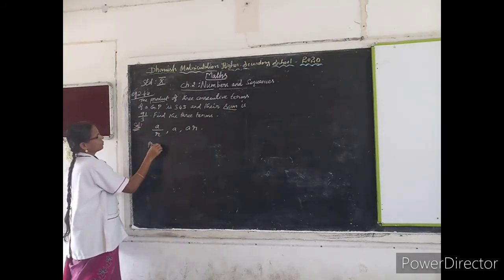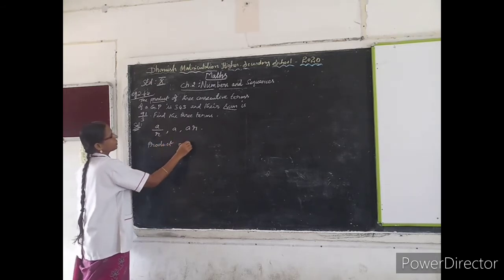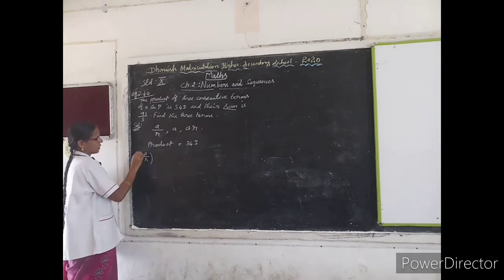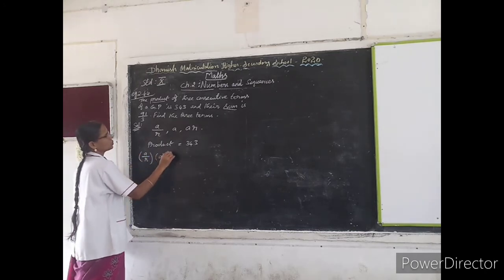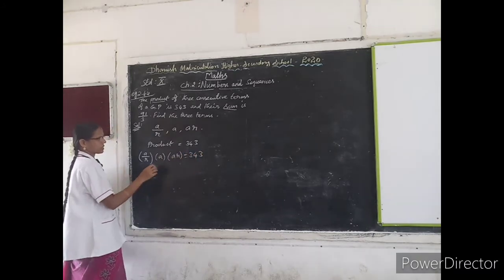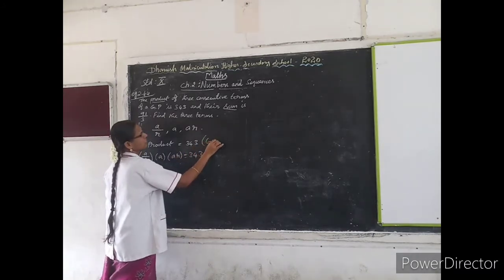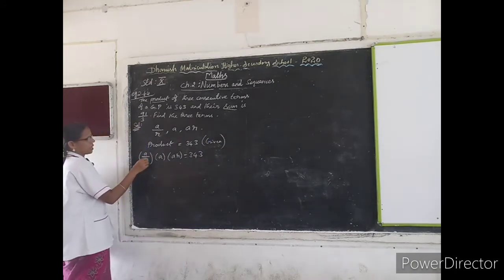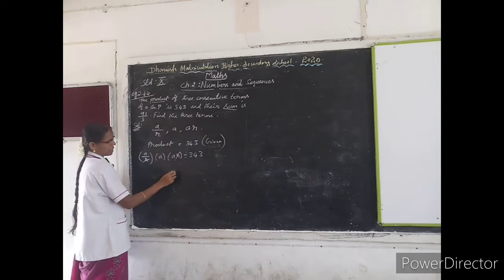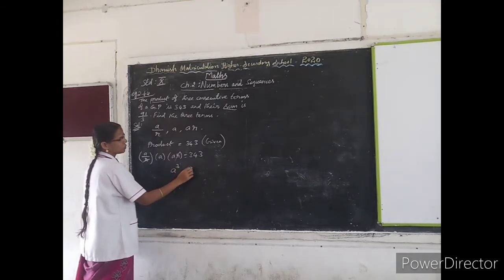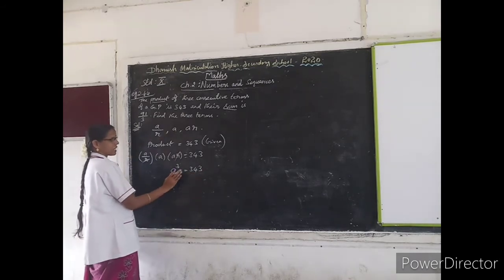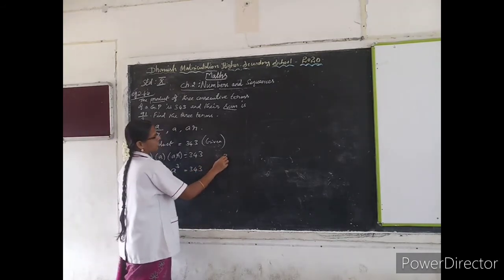Product is equal to 343. Product means a/r into a into ar is equal to 343. This is by given data. Now this r we cancel. a into a into a is a cube is equal to 343. 343 can be written as base and power.